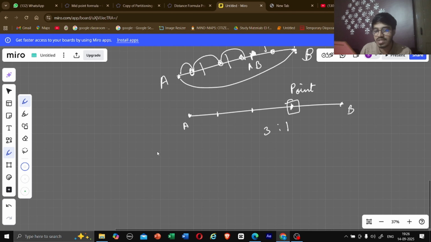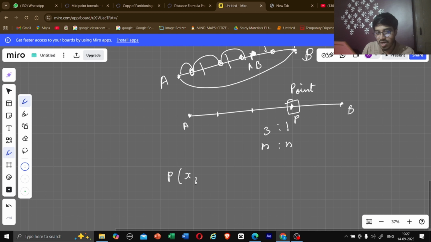Now we are going to discuss the formula for the coordinates of the point which is dividing the line segment joining AB in the ratio m:n.